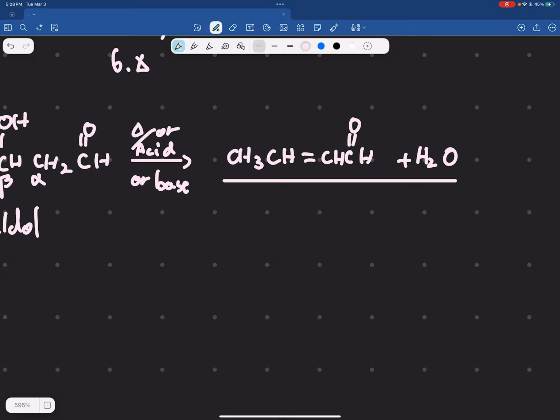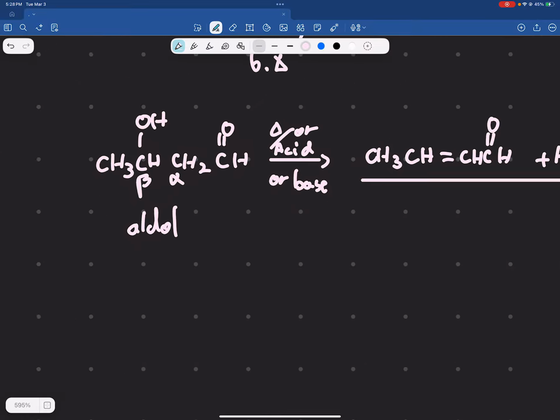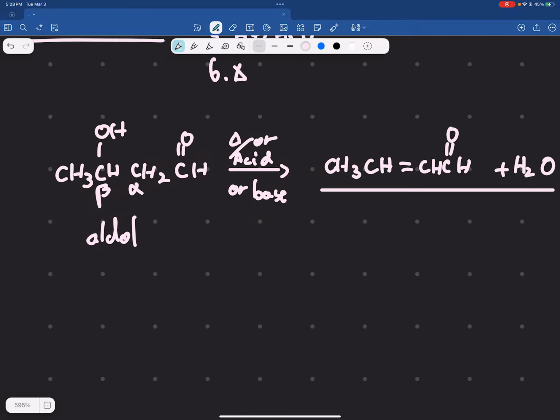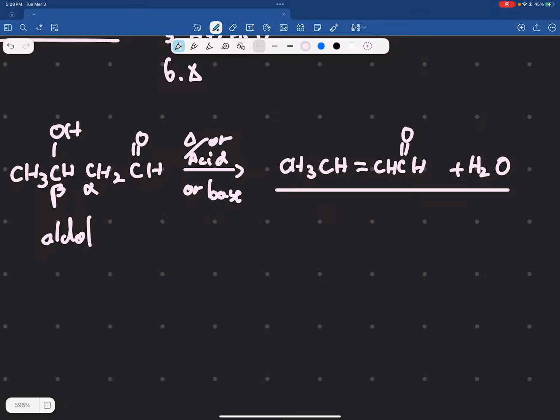So whenever you see something like this, you have to think about the Aldol product that corresponds to this dehydrated, unsaturated aldehyde. So you can see that it's going to be an OH and the H from here, and it's going to lose the water.